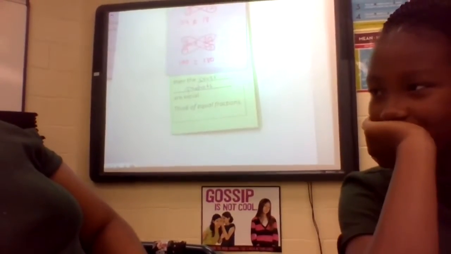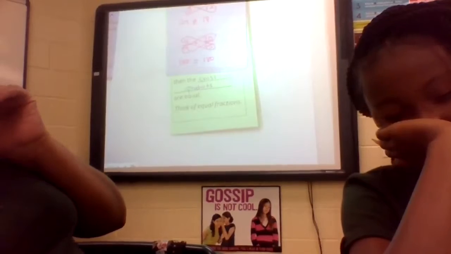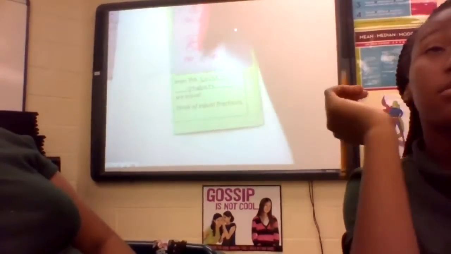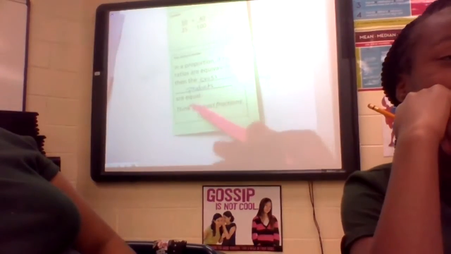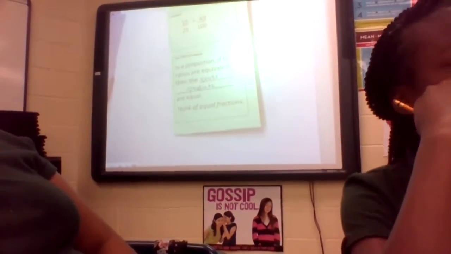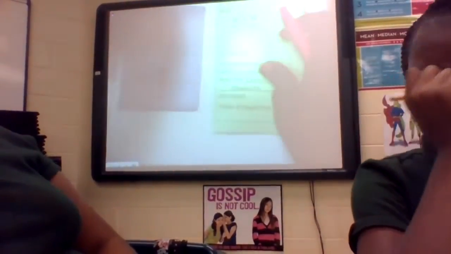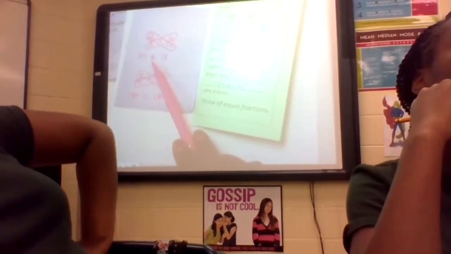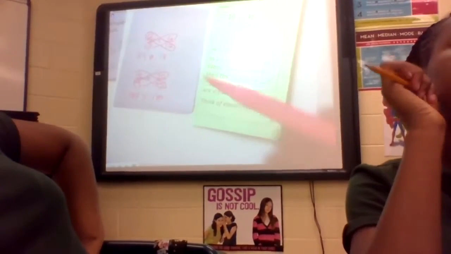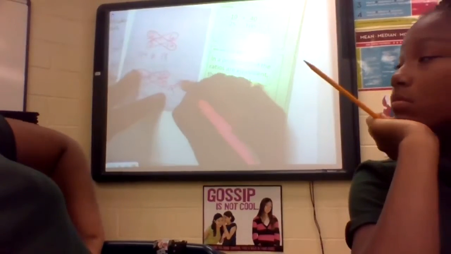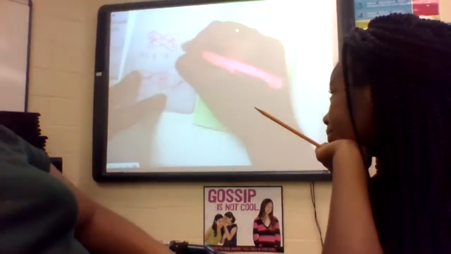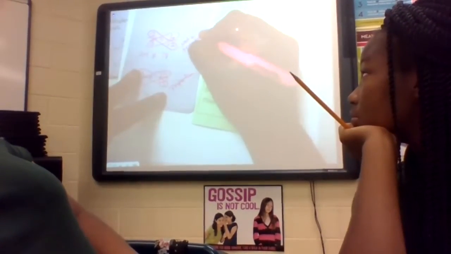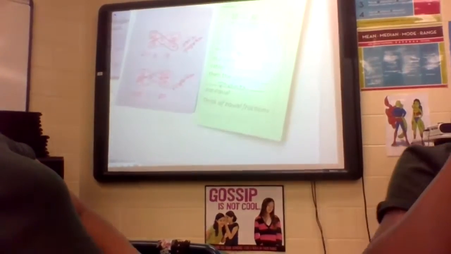That means cross products are equal to each other. When you cross those, if they're not equal, that's not an equal sign. This one is not a proportion, and the second one is.